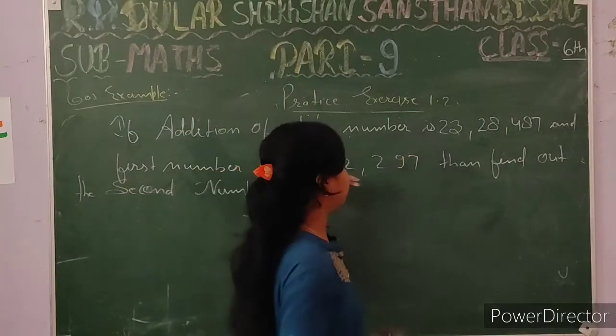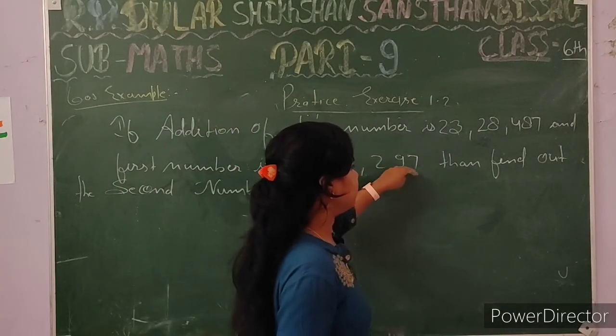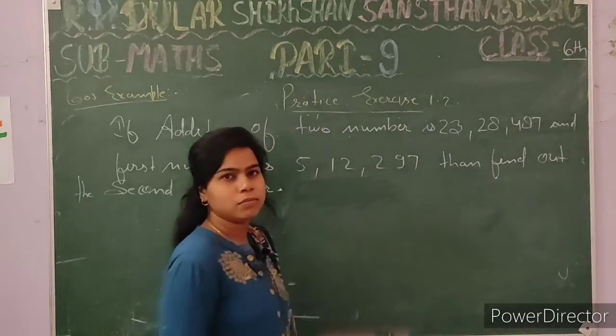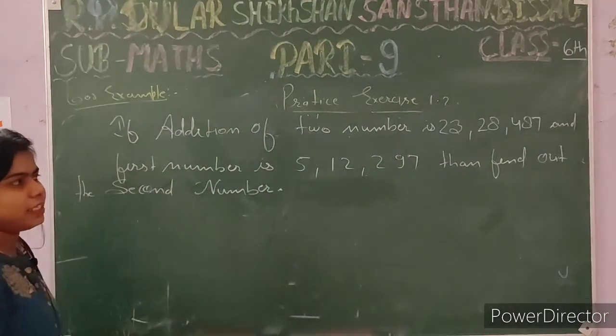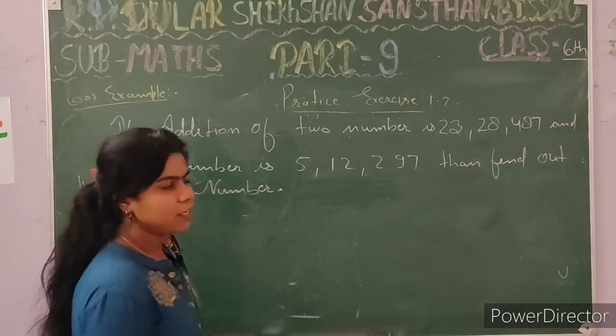So here as well, we do subtraction. We subtract 5,12,297 from 23,28,487.